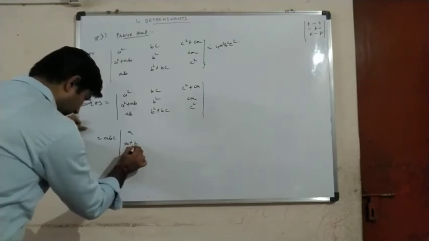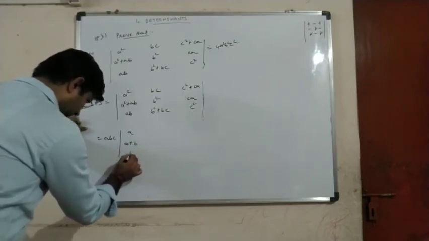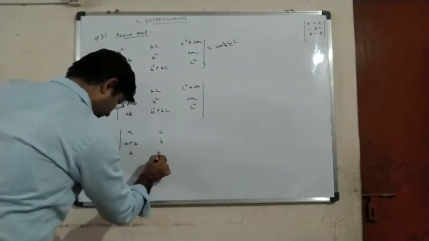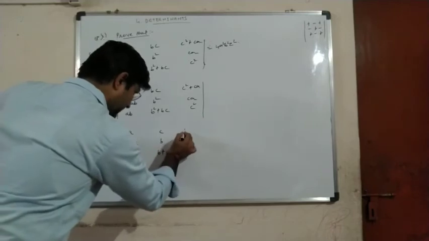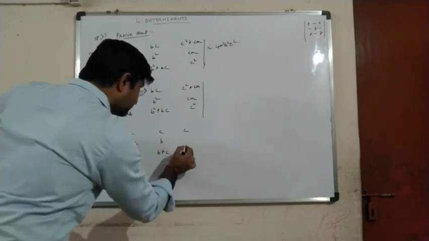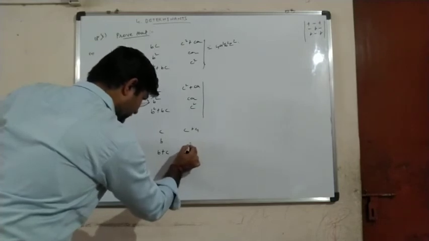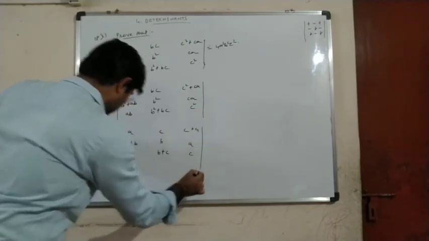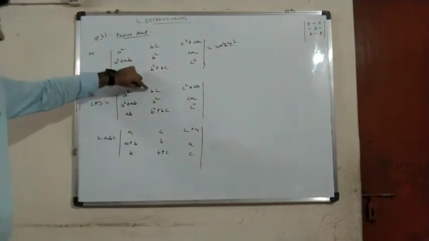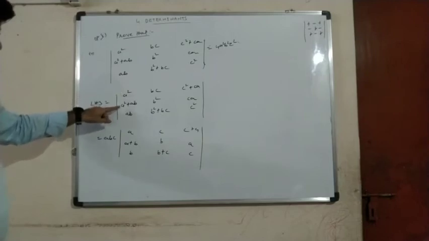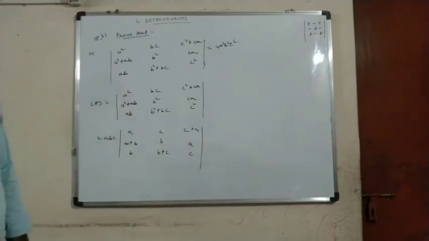plus B, then B, again C, B plus C, and C plus A and C. Okay, we have taken common, so B plus C, A plus B, and C plus A and C. Okay, done.